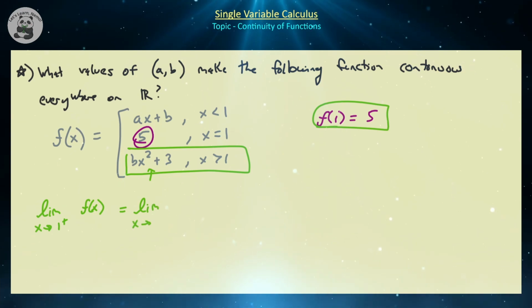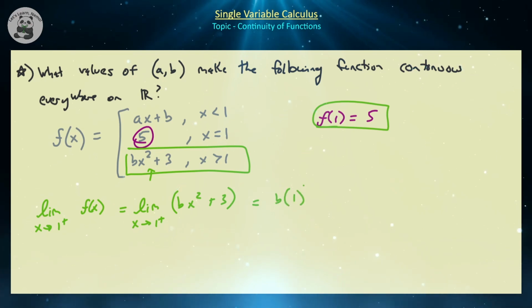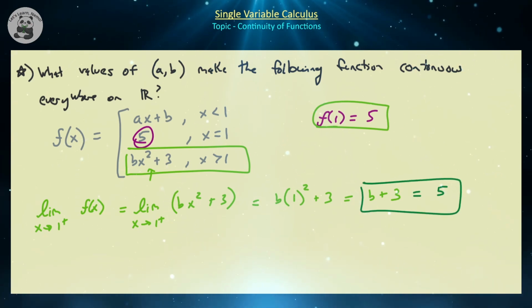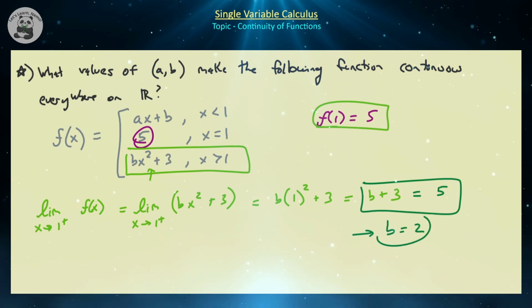So that's going to be the limit as x approaches 1 from the right of bx squared plus 3. Now we don't know b, but we can keep it as a free variable for the time being. So that's going to be equal to b times 1 squared plus 3, which is the same as b plus 3. And keep in mind, we need this to be equal to 5, and from this equation we can see that b must be equal to 2.